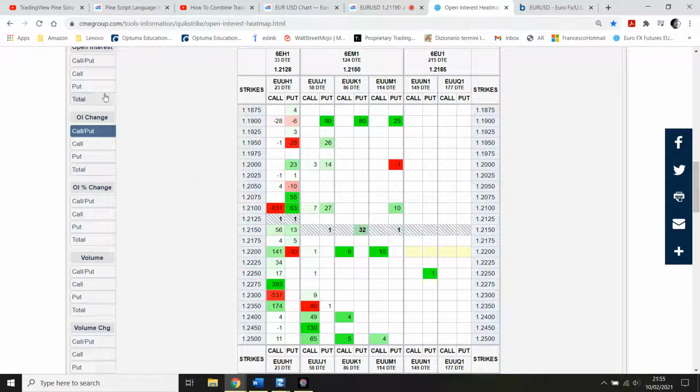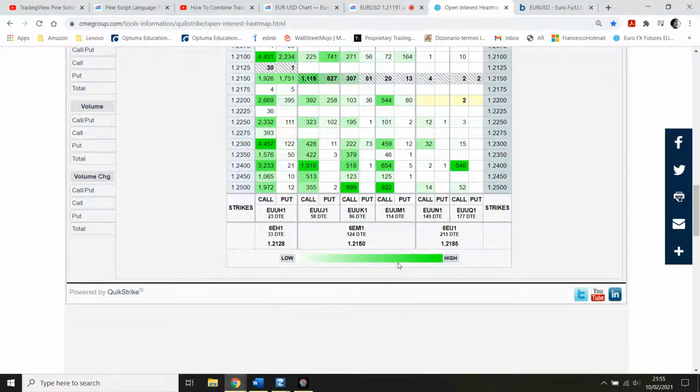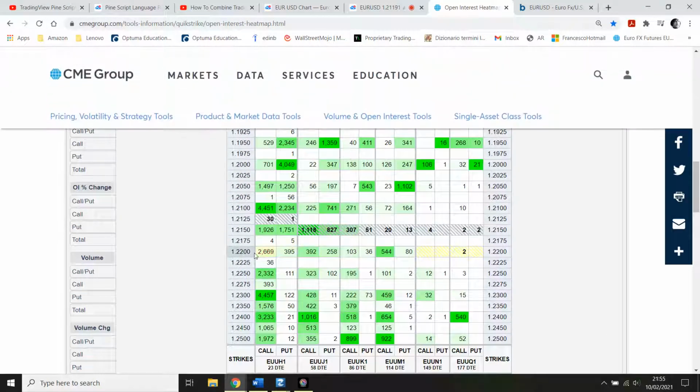Now, if I do calls and puts as opposed to change, you see how that looks a little bit different. Instead of plus and minuses, you have the different degrees of green, and the deeper the green, the higher the number of contracts.